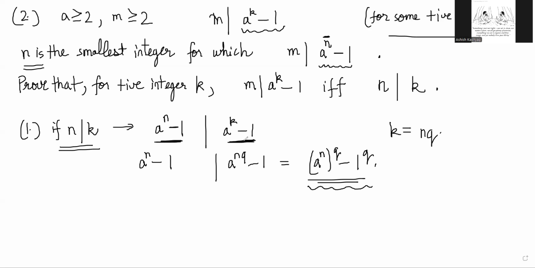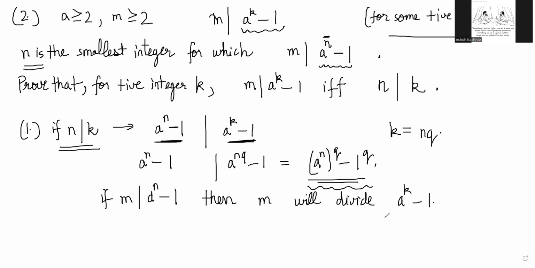So if n divides k, a power n minus 1 will divide a power k minus 1. So now we can say from here that if m divides a power n minus 1, then m will divide the higher one, a power k minus 1, right?